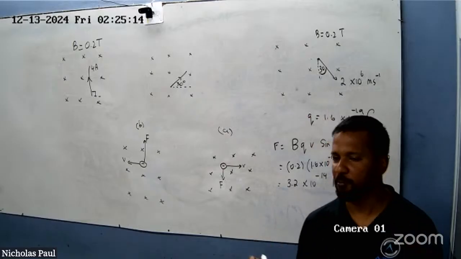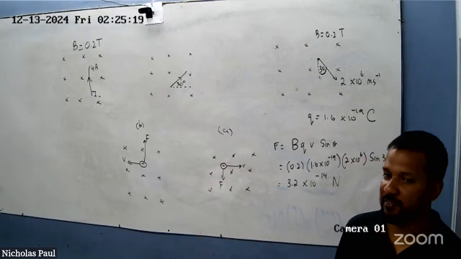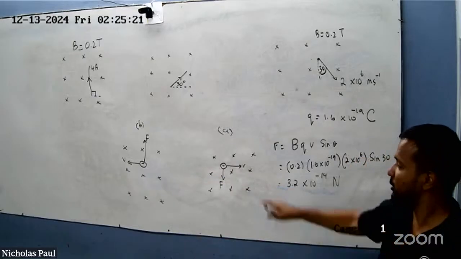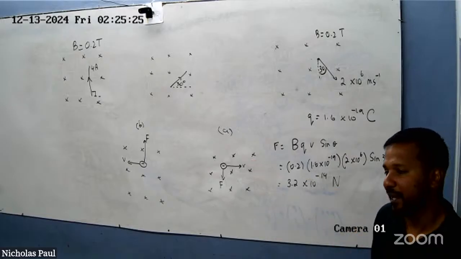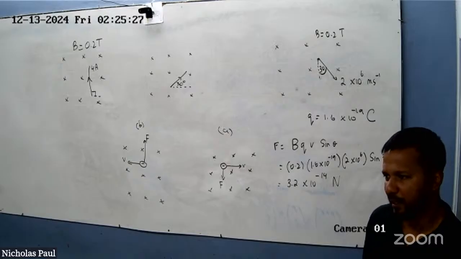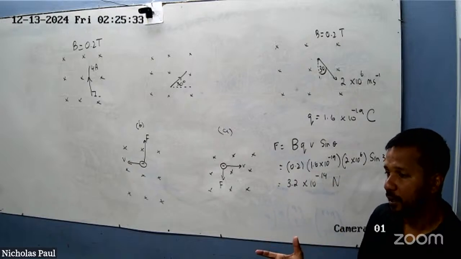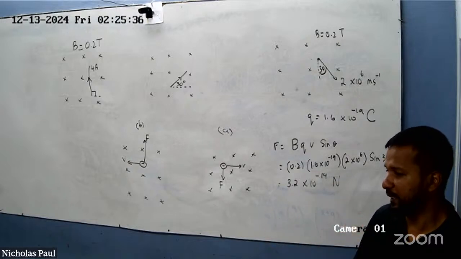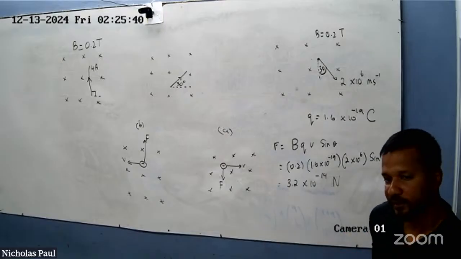Now, I want you to remember this. What do you recognize about force and velocity in examples A and B? They have something in common. They're always perpendicular. Think of something you learned in unit 1 or 4.5 that always has the velocity perpendicular to the direction of the applied force.